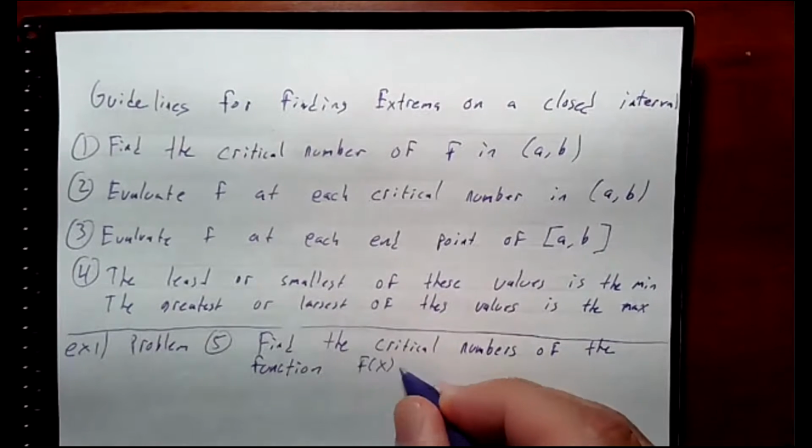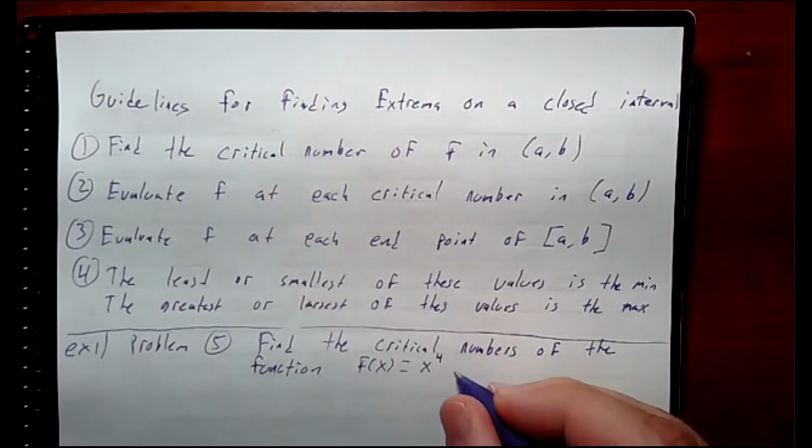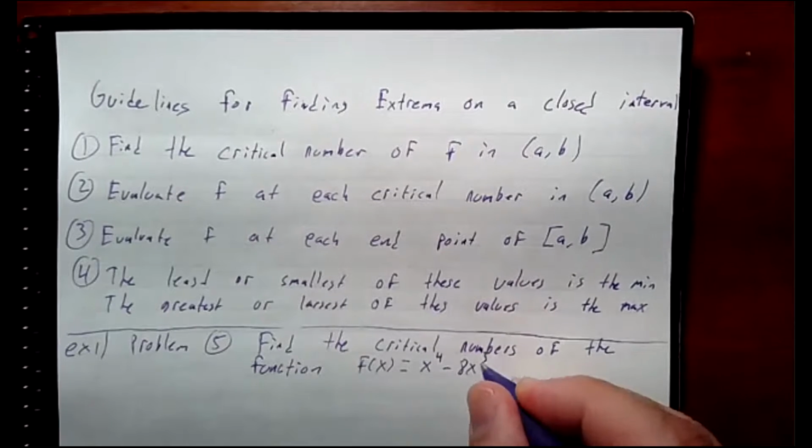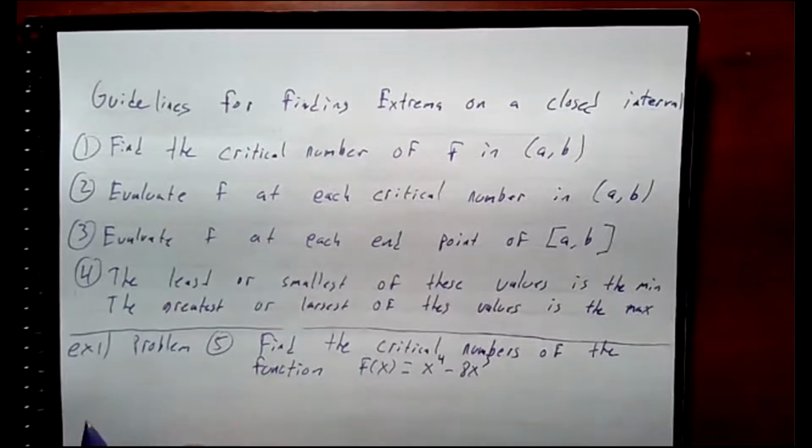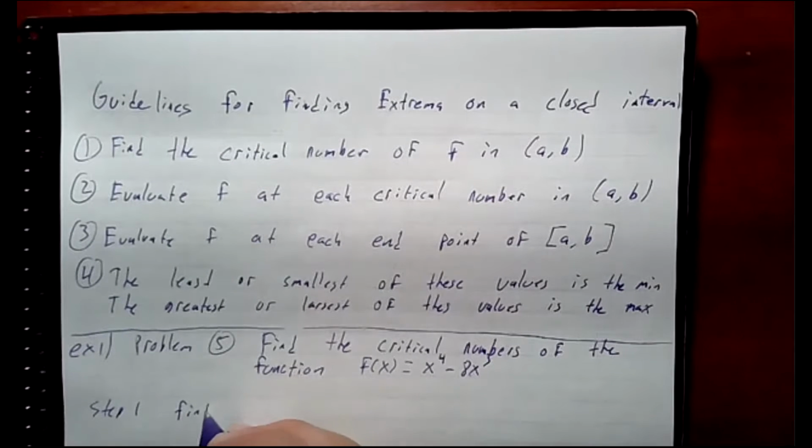F of x equals x to the 4th minus 8x cubed. So step 1, find the derivative.